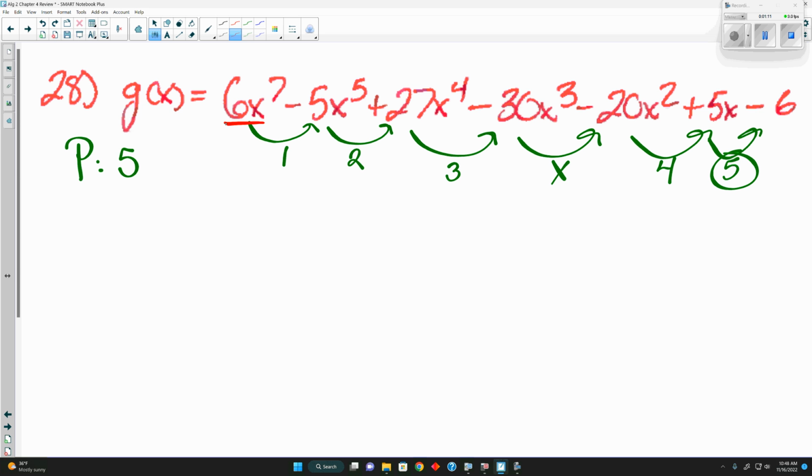So the first term is to the 7th power. 7th power is odd, so the sign will change from positive to negative. Yes. From x to the 3rd to x squared, did the sign change? So can we count it?